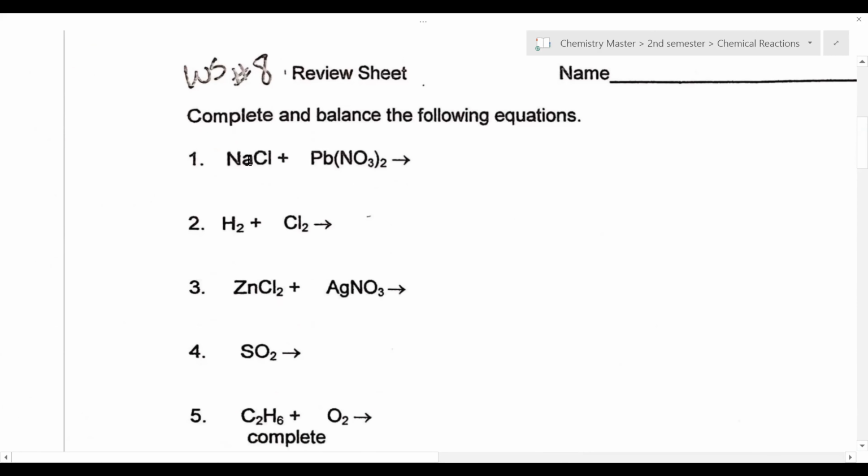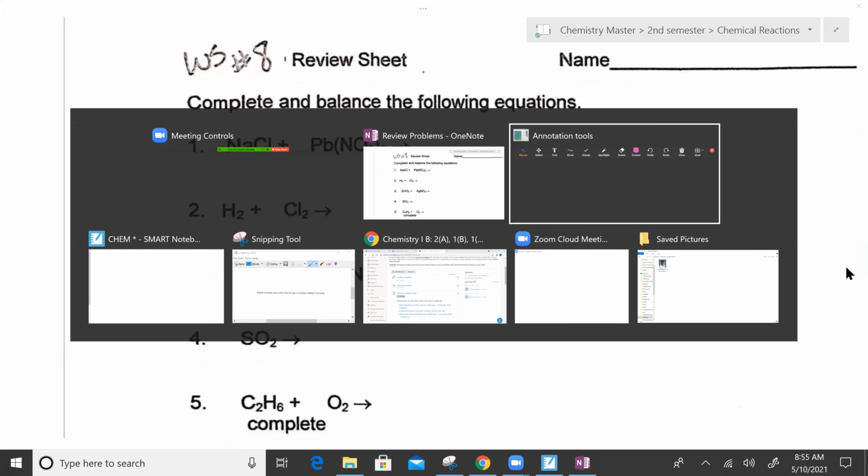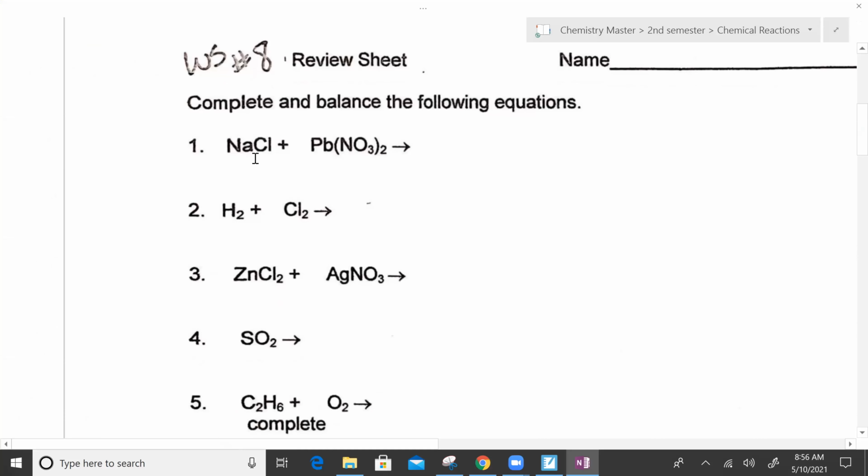Number 1, does this look like, let me see if I can switch between this. Oh no, it went away. All right, you're going to have to do it based off your picture. Number 1, does this look like something breaking down or two things making one thing? Two couples, a couple and a single, or combustion? What do you think?